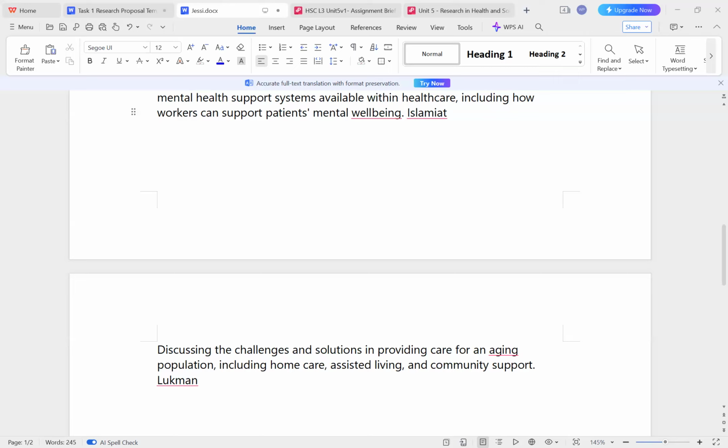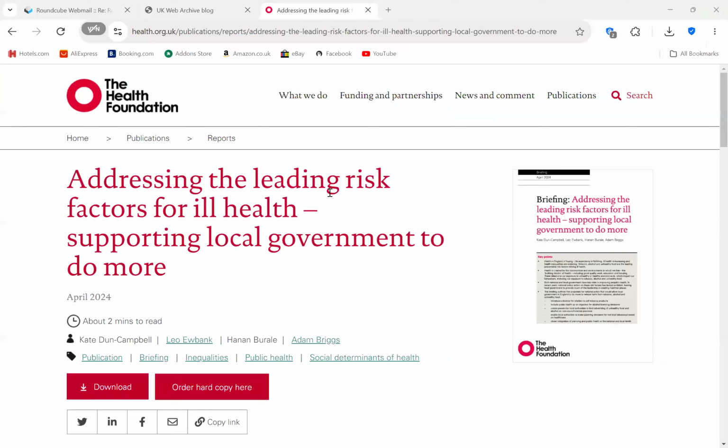Okay, so this is a document that I've opened up. It's addressing the leading risk factors for ill health, supporting local government to do more.